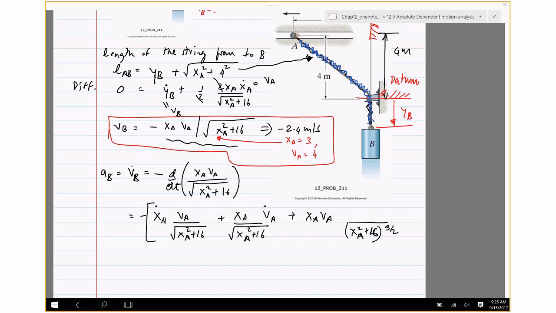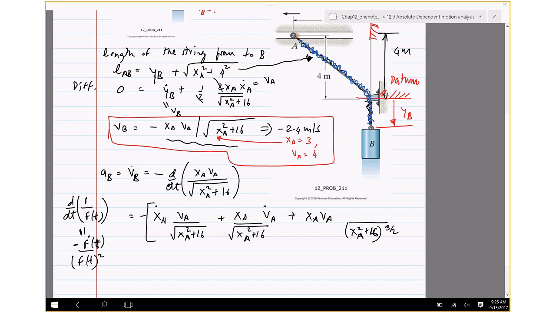So if you want to find the derivative of 1 divided by f of t, anybody remember how to take the derivative of 1 over f of t? It's f of t squared in the denominator, times negative f dot, is that right?